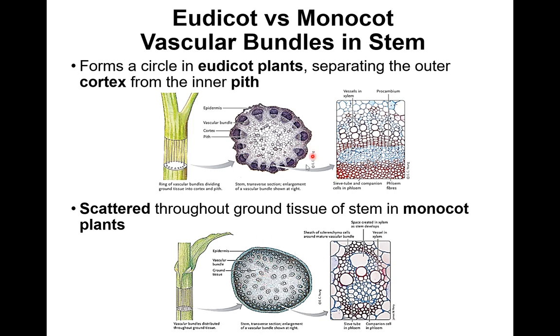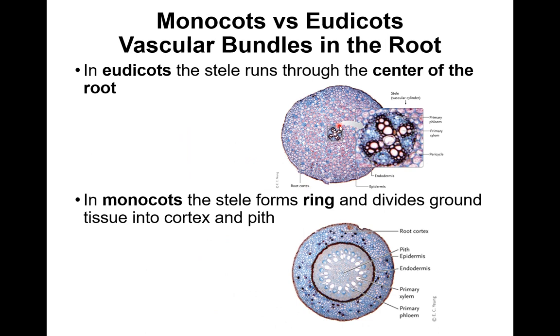This is a little bit different from what you see in the roots, where in eudicots you have what is called the stele. The stele is the vascular bundle basically, plus this vascular cylinder that you have in there, plus the pericycle, which is a layer of undifferentiated cells basically, and the endodermis.